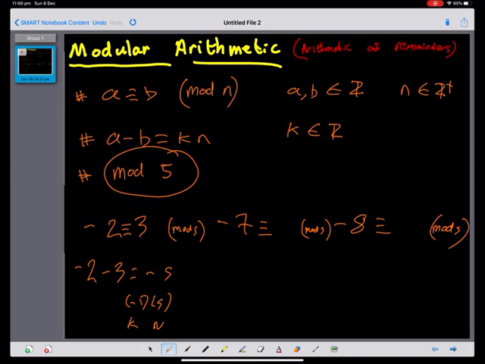Now, let's try and get a multiple of 5. -7 is congruent to 13 mod 5. Why?